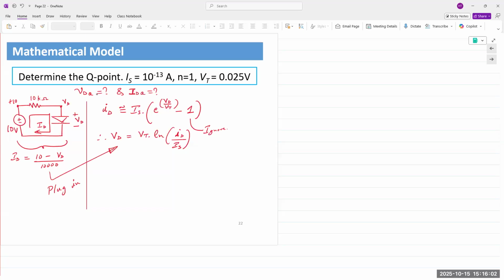Plug into that equation, and that results in obtaining a VD of VT Ln of 10 minus VD over 10,000 times IS, 10,000 IS. So solve this equation, you'll find VD.